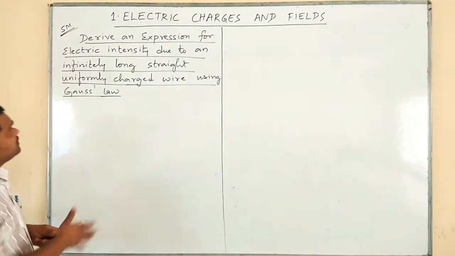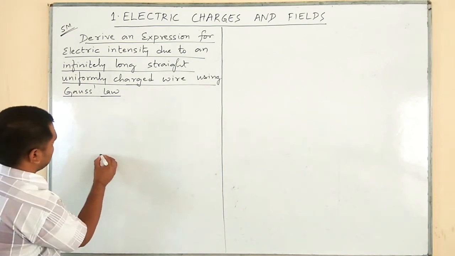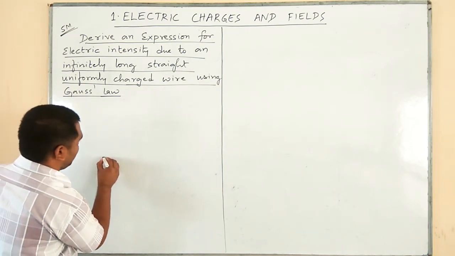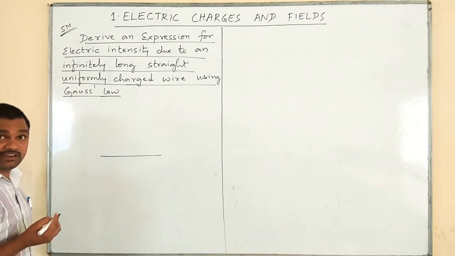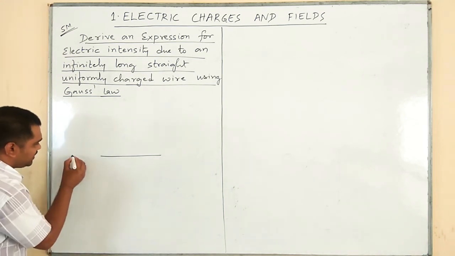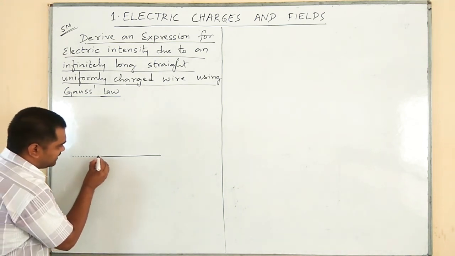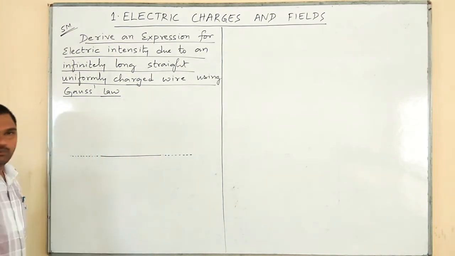Okay, fine. As the question itself indicates, let us consider an infinitely long wire on this board. Is it really possible to imagine an infinitely long wire on the board? No, it is impossible. So, using dotted lines, we can just represent an infinitely long wire.